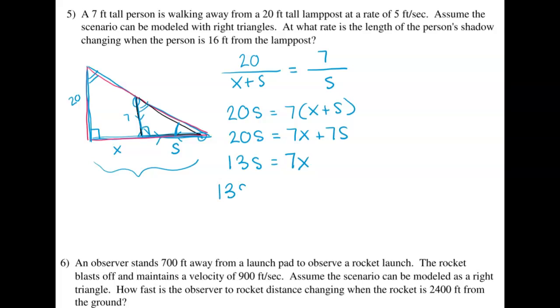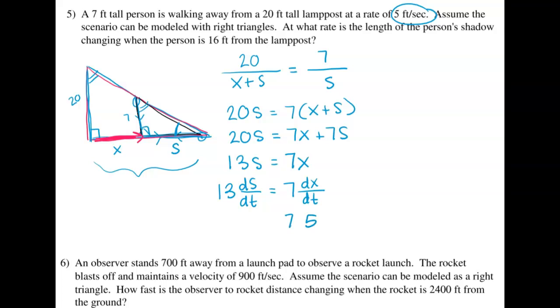So we have 13 ds/dt equals 7 dx/dt. Okay, so now let's look at what we know here. A 7-foot tall person walking away. He's walking away from the lamppost at a rate of 5 feet per second. So then this distance here, he's walking away, the rate of change in x then is our 5 feet per second.